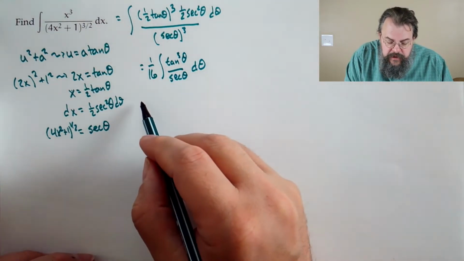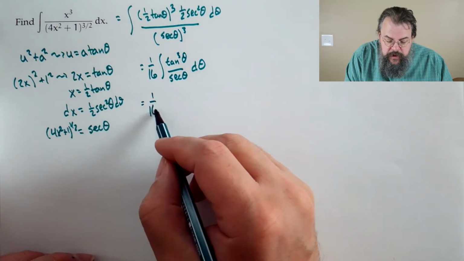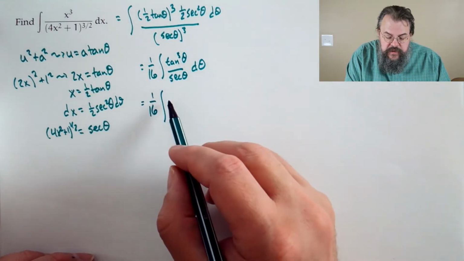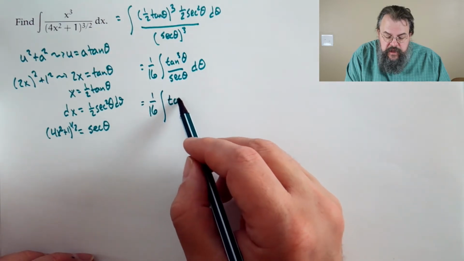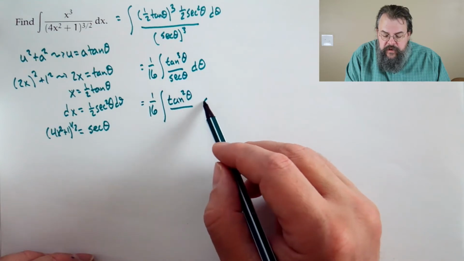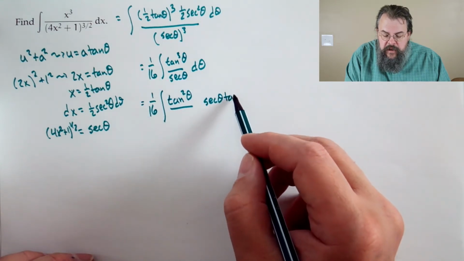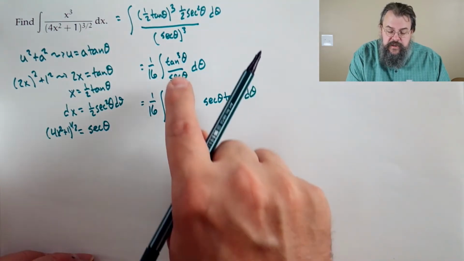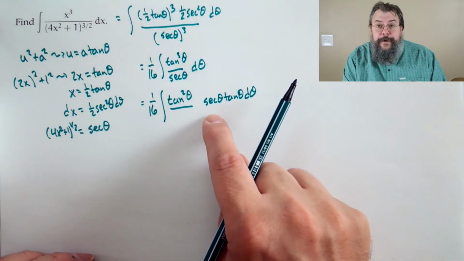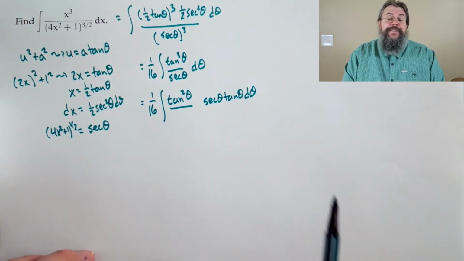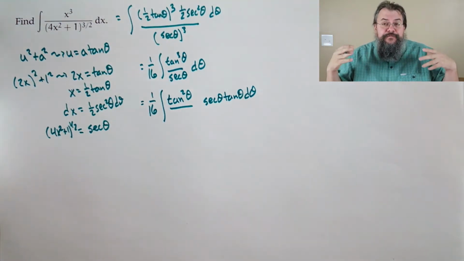So how would I succeed? Well, there's a 1/16, and there's going to be a tangent squared left from that tangent cubed, and a secant tangent on the end. This tangent came from that tangent cubed. Where did the secant come from? There's no secant on the top to pull from. So how do we pull a secant out of nothing?